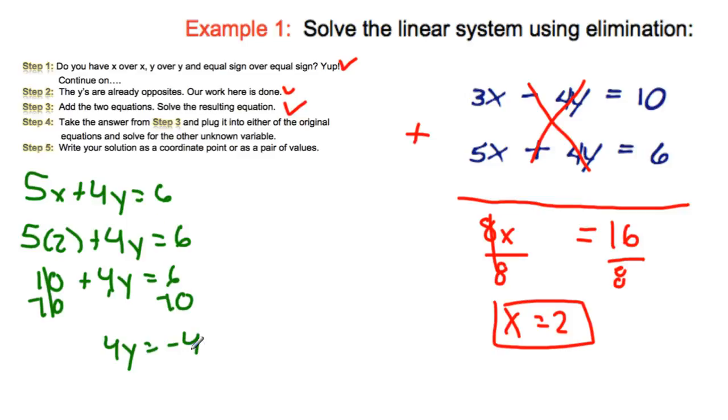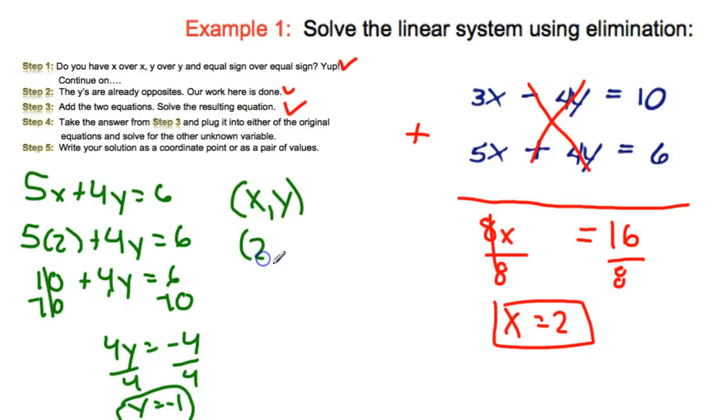And now, last step, I just divide by 4, and y equals negative 1. There we go. So we have y is negative 1, x is 2. We write that, remember, as a coordinate pair. We have x, y, and the x is 2. It comes first. The y is negative 1. There we go. This is our answer right here.